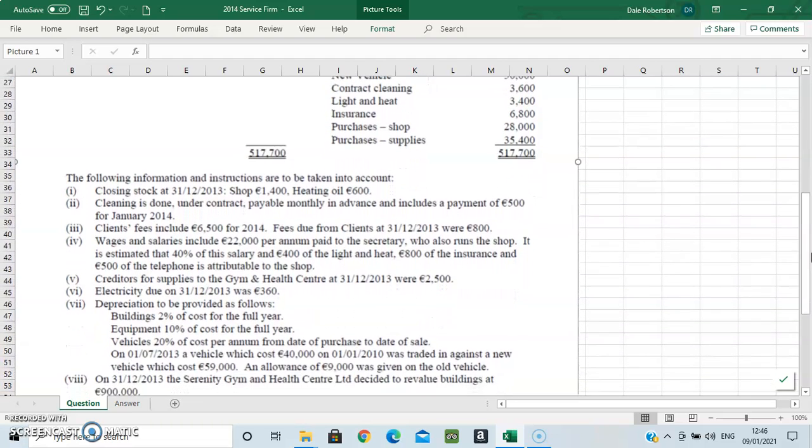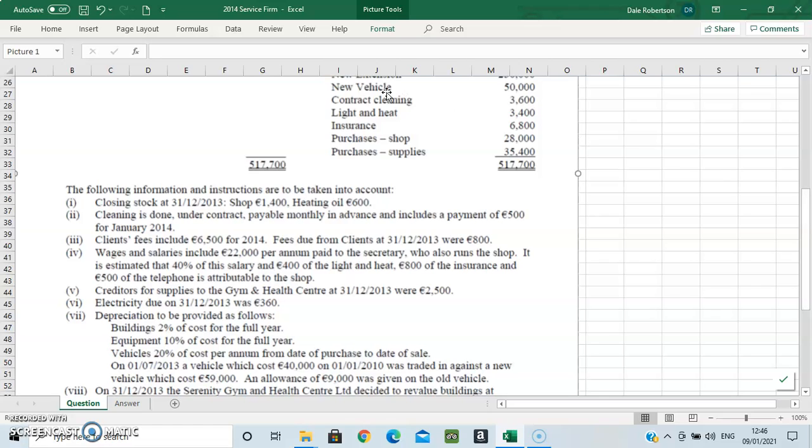So halfway during the year, it says a vehicle which cost 40,000 on the first day of January 2010 was traded in against a new vehicle costing 59,000. An allowance of 9,000 was given on the old vehicle. And of course, the remainder of the money had to be paid from the bank, and there's the remainder. You see that 50,000 check? That is, along with the 9, how we bought the new vehicle.